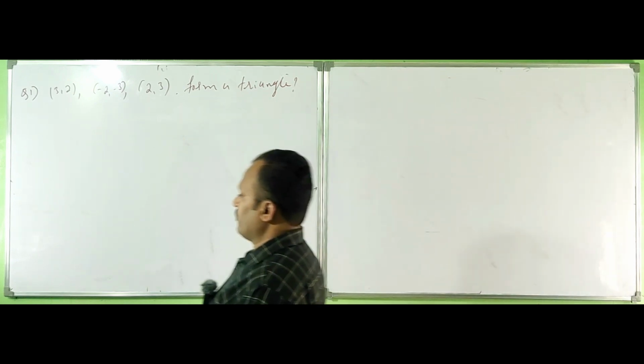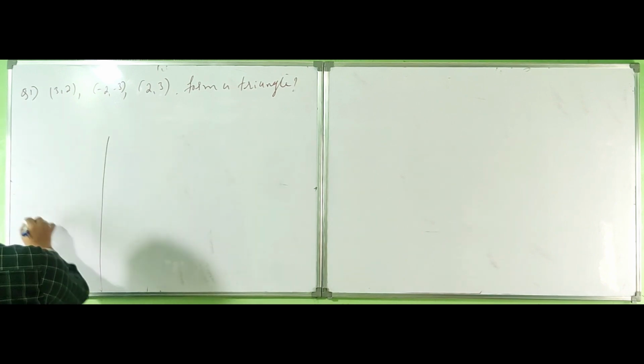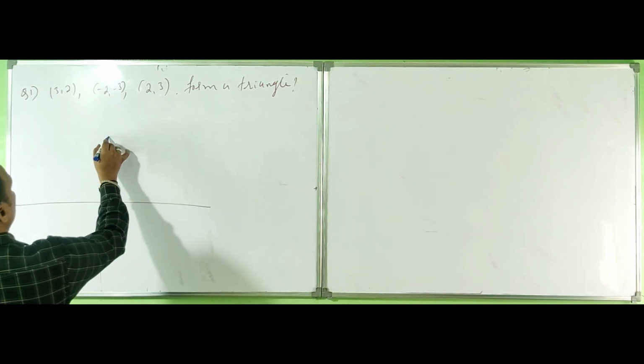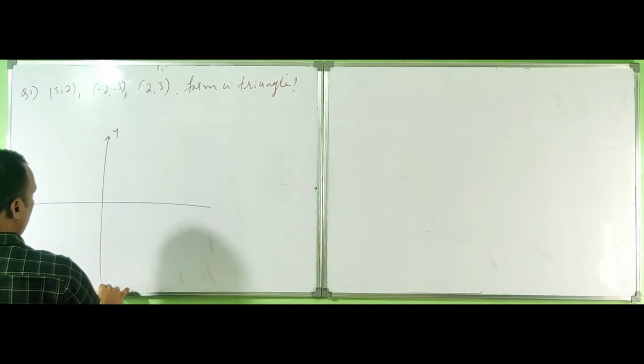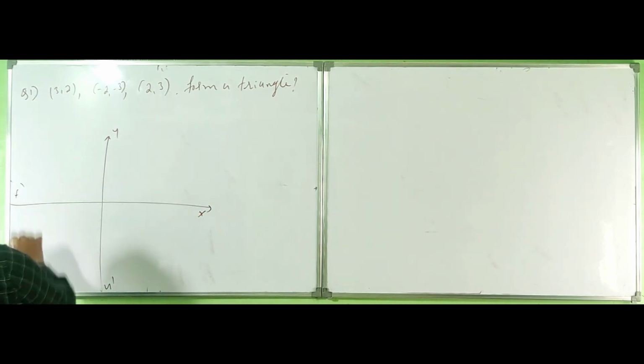Because the big question is complex, let's see. This is the axis, y and y dash, x and x dash.